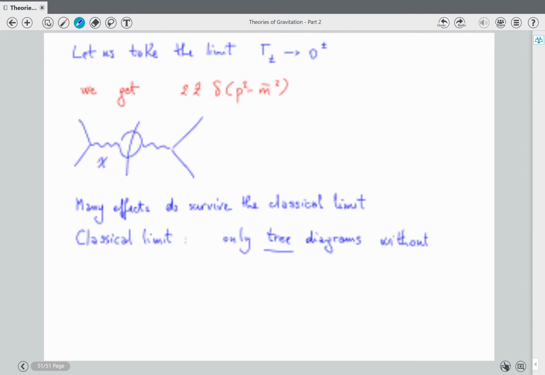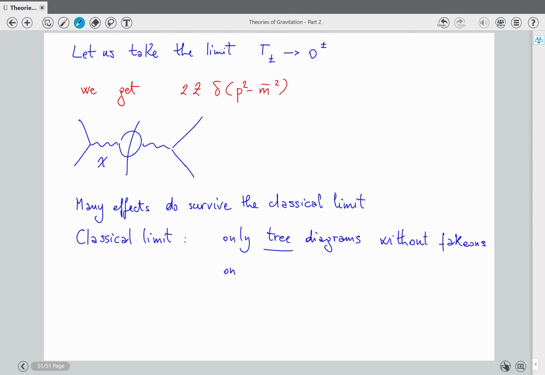But if you restrict to the diagrams that do not have phacons on the external legs, then you get another action.